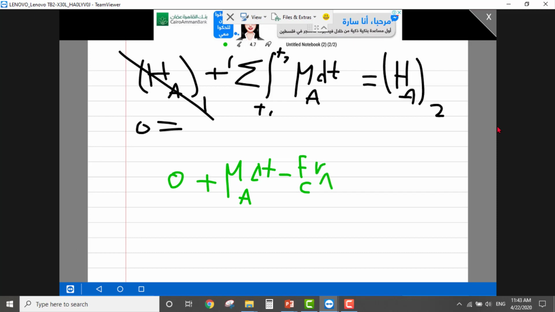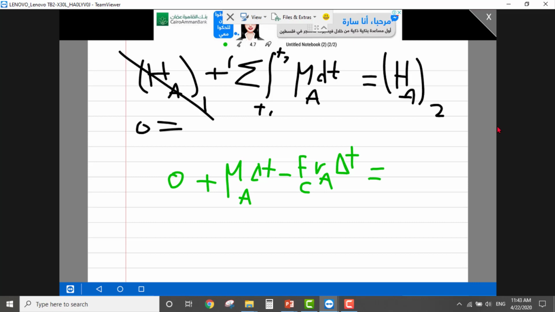Then this is moment, and we need to multiply it by delta T. This is now angular impulse. Now this is equal to HA2.